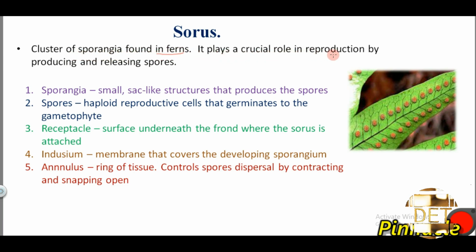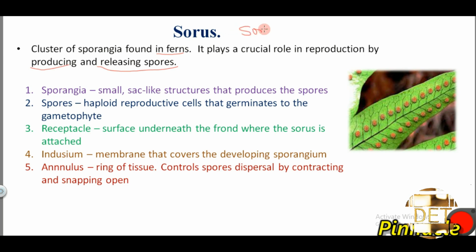It plays a crucial role in reproduction by producing and releasing spores. How? It is responsible for the production of spores, and also for releasing spores. And we're going to look at the structures that help in doing that. So these are the various structures that make up the sorus.